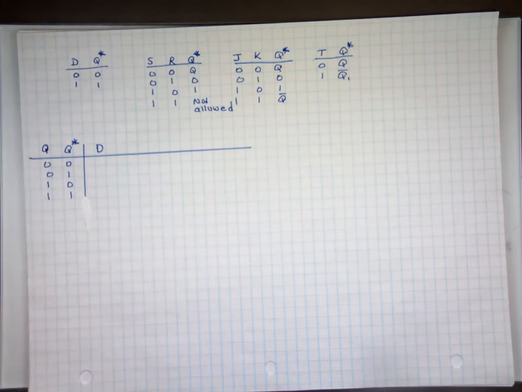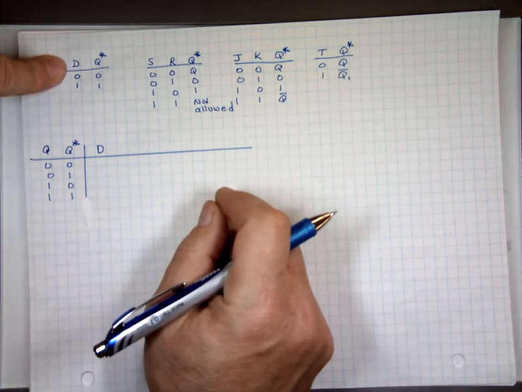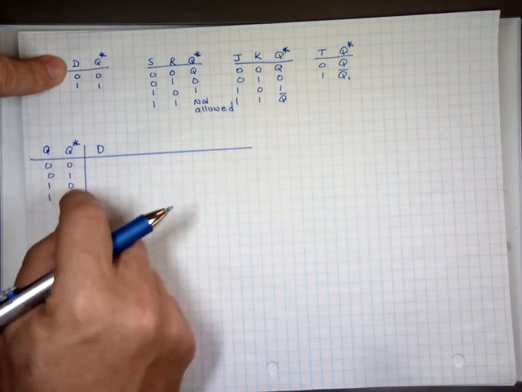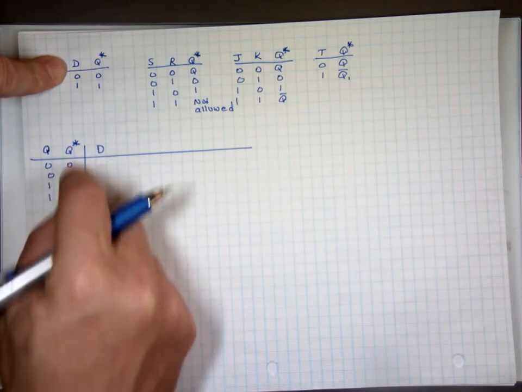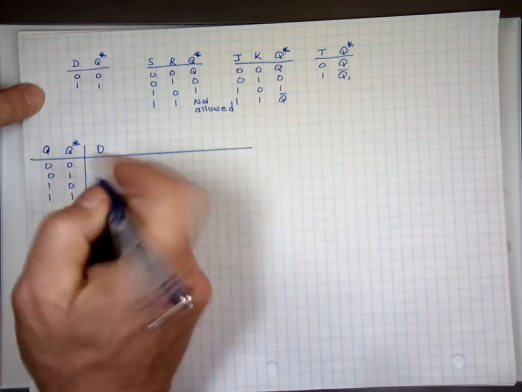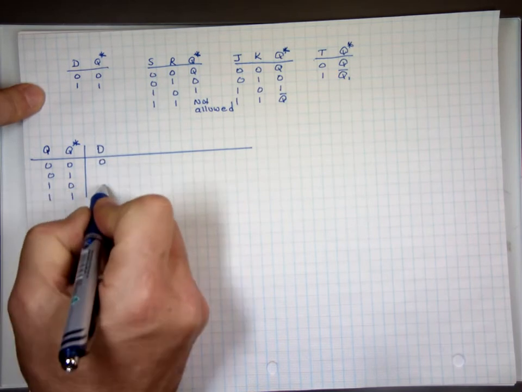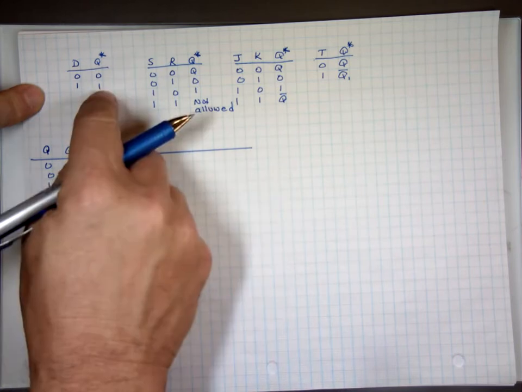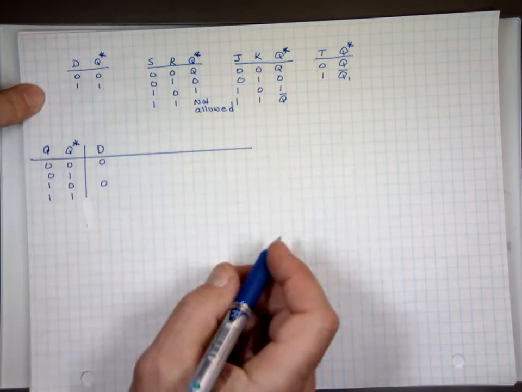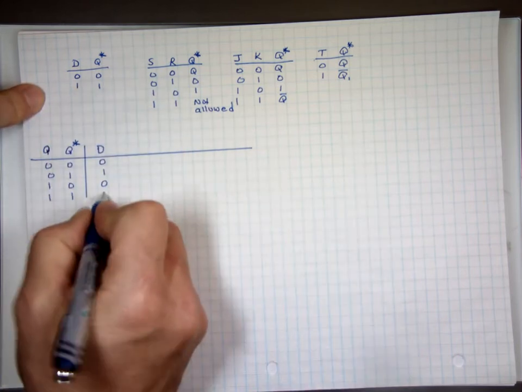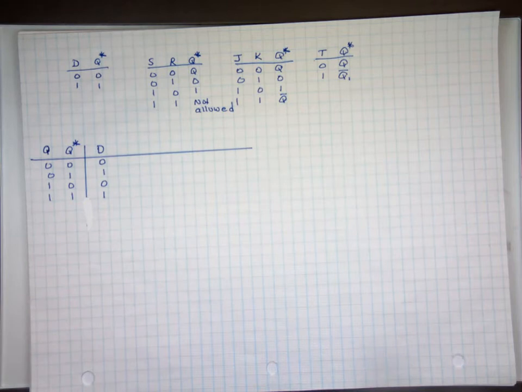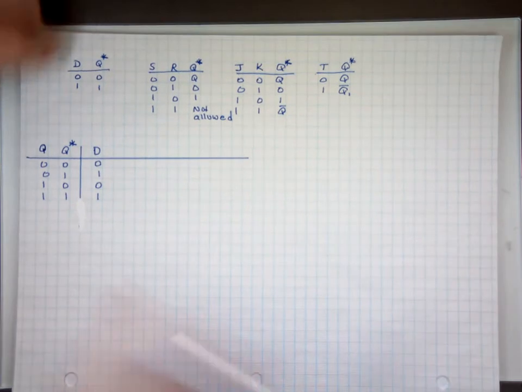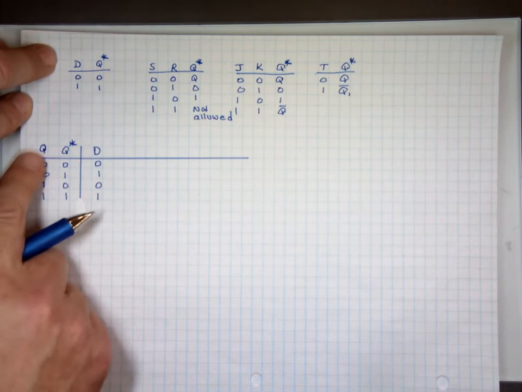Let's look at the D flip-flop. If the next state is 0, what is D going to be? 0. So it's 0 here and 0 here. And for the next state to be 1, D will have to be what? 1. So that's what D should be to go from here to there.